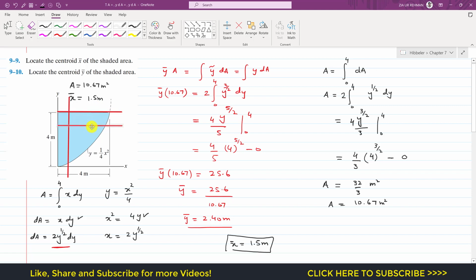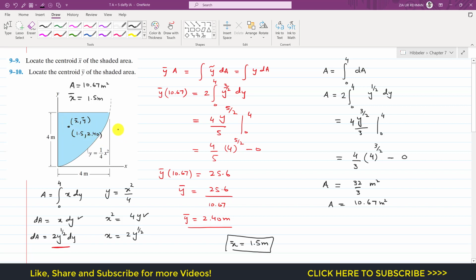So 2.40 will be, this will be 2, so 2.40 will be somewhere here. So the intersection of both of these lines will give us the location of the centroid of this shaded area. So the coordinates of this point are x bar and y bar, where x bar is 1.5 meters and y bar is 2.40 meters. So the centroid of this blue shaded area is located somewhere here.